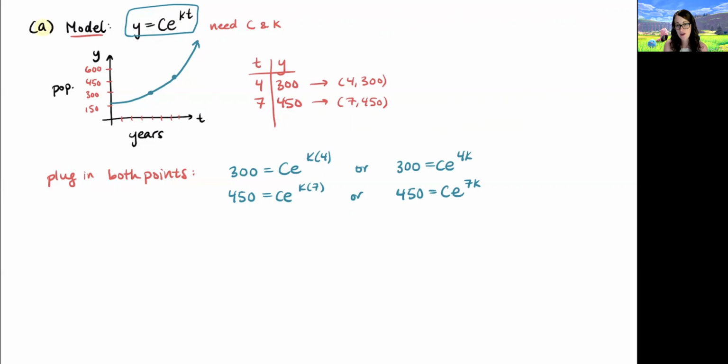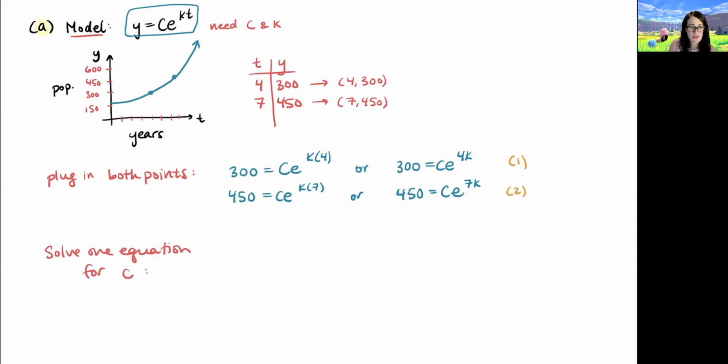The way that I suggest going about this is by an elimination type thing. So I'm going to label these equations 1 and 2. What I suggest you do is we take one of the equations and solve it for C.